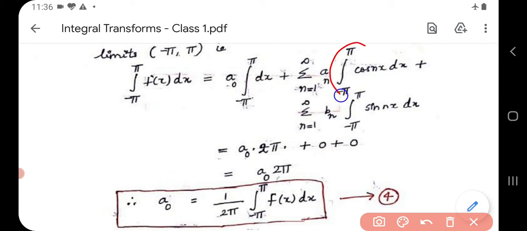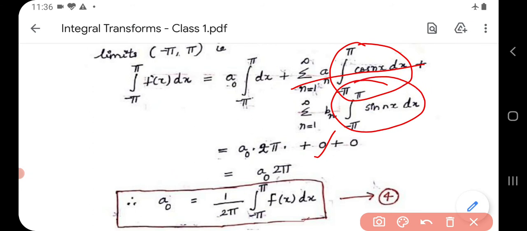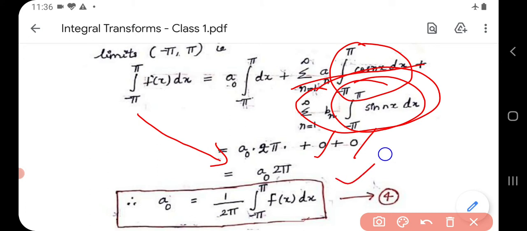This integral from minus pi to plus pi cos nx dx is 0, so this term will reduce to 0. Now this one, the integral from minus pi to plus pi sin nx dx, is 0, so this term also will become 0. So you are left with a0 times 2 pi, that is the integral from minus pi to plus pi f of x dx is a0 times 2 pi. From that a0 is equal to 1 by 2 pi times the integral from minus pi to plus pi f of x dx.